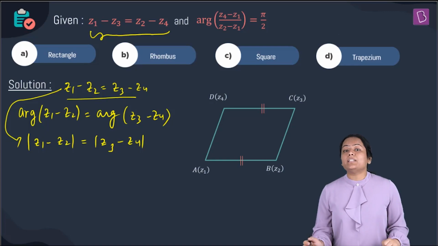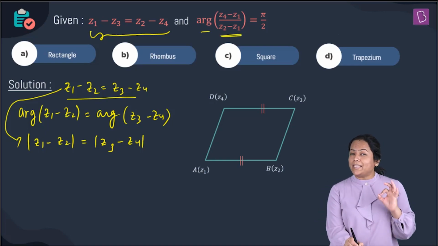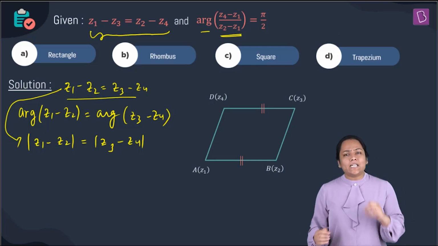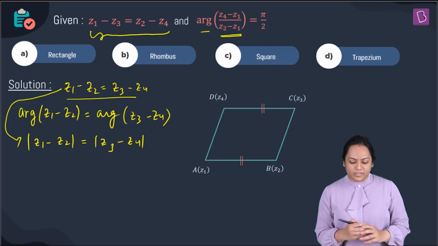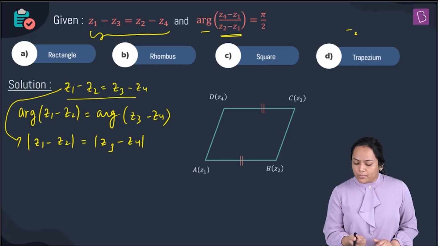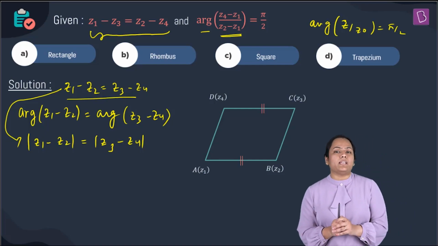Now, further they have said that argument of (Z4 minus Z1) upon (Z2 minus Z1) is pi by 2. Guys, let's quickly recall what this represents. Suppose I say argument of Z by Z0 is equal to pi by 2. What does this represent?